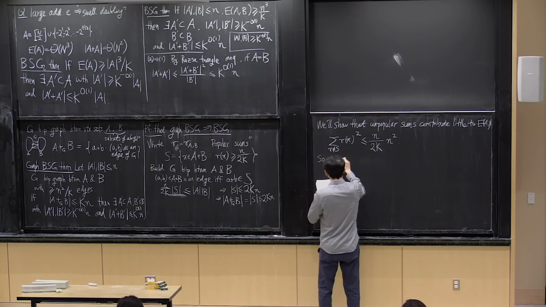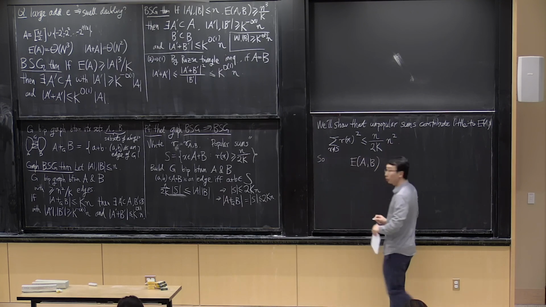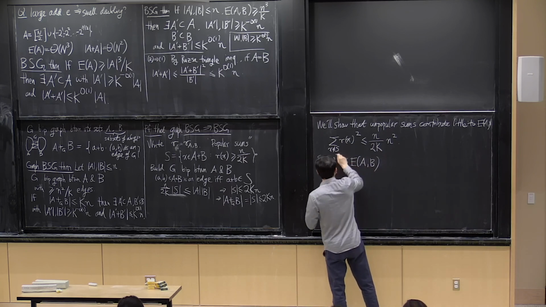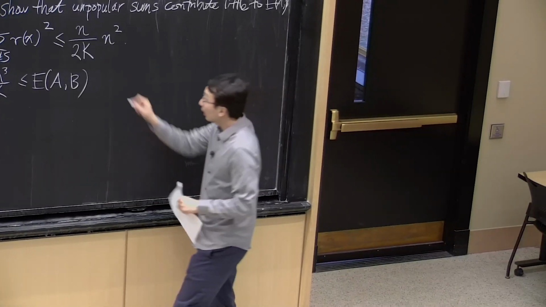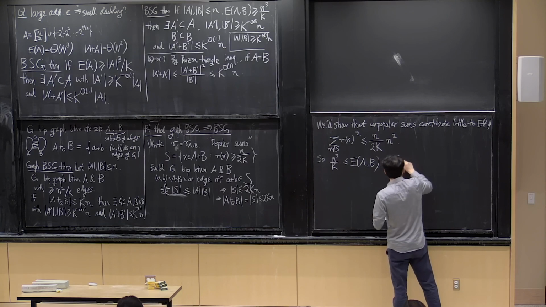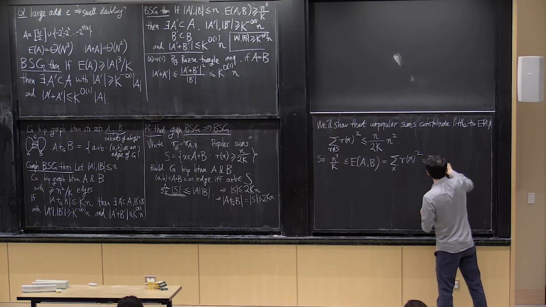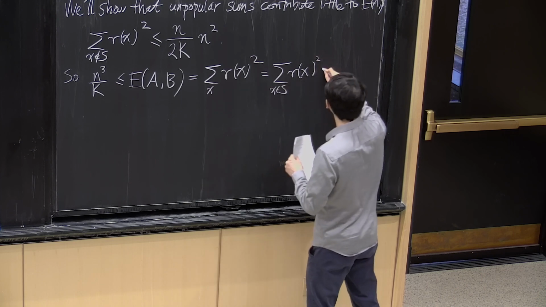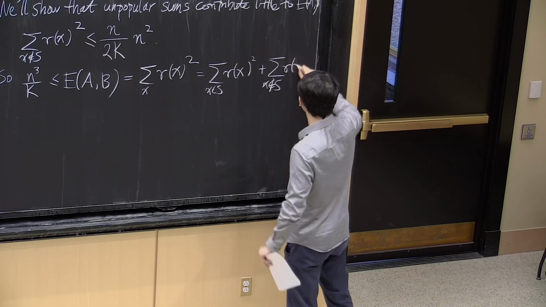So you have this additive energy between A and B. I know that it is large by hypothesis, whereas I also know that I can write it as a sum of the squares of these r's, which I can break into the popular contributions and the unpopular contributions.